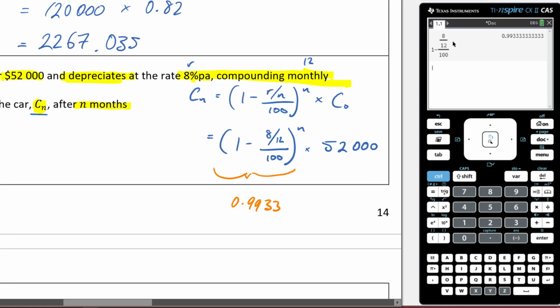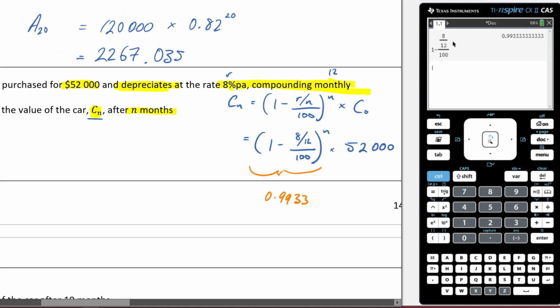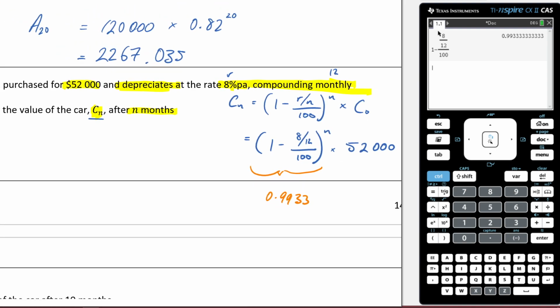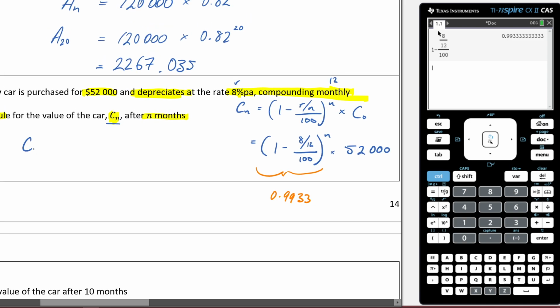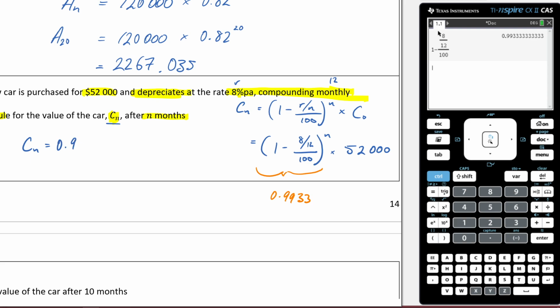All right, so if I was to write out my general rule now, C of n is going to be equal to 0.9933, so that value right there, and I have to raise that to the power of n, times 52,000.